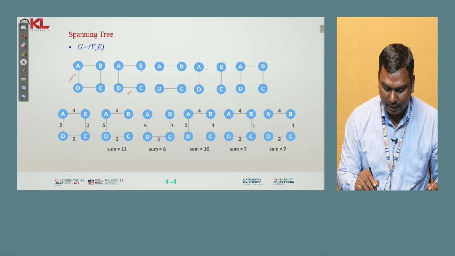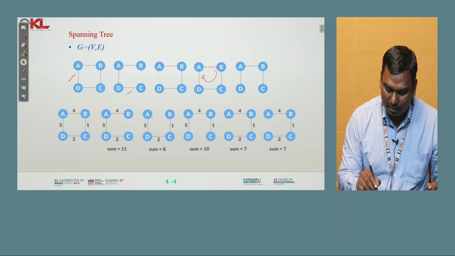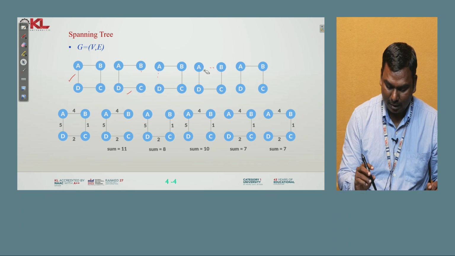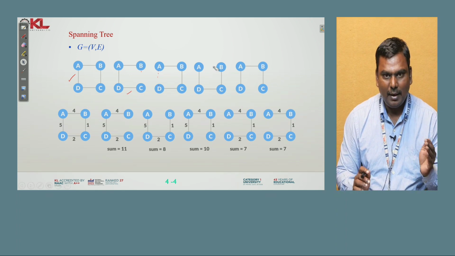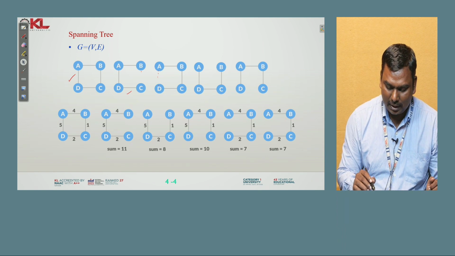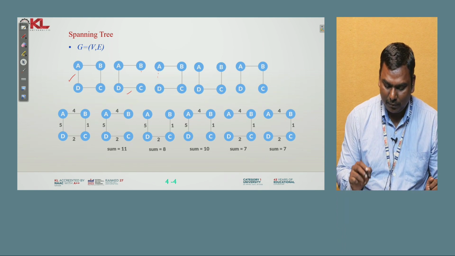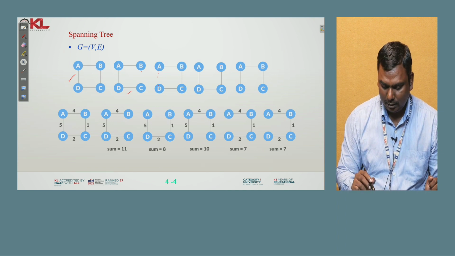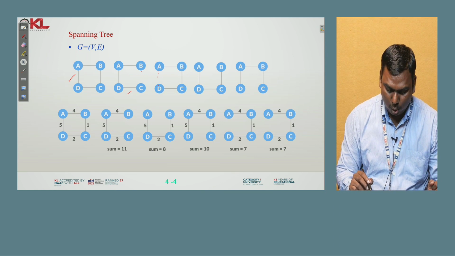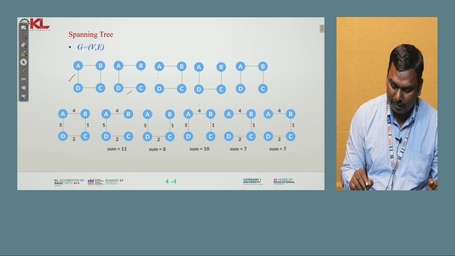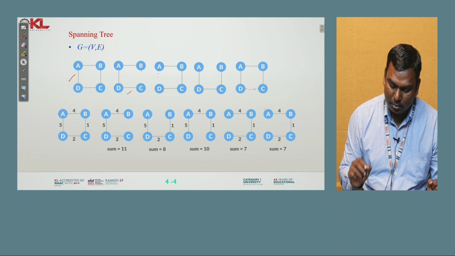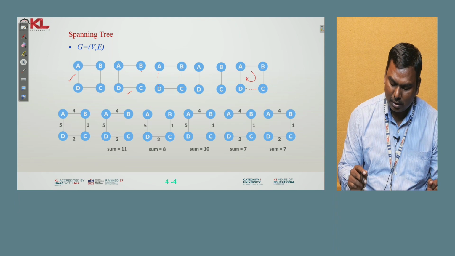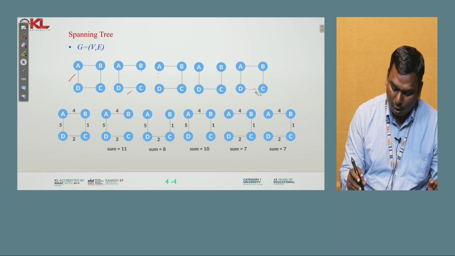Again, when we connect A to B, it forms a loop, a cycle, so we removed the A to B connection, that is, the A to B edge. We do not connect vertex A to vertex B because it would form a loop. Another possibility is D to C or C to D; when we connect it, again we identify a loop.